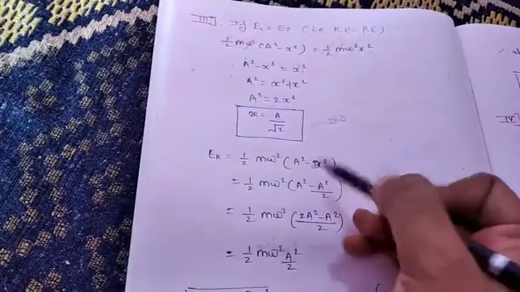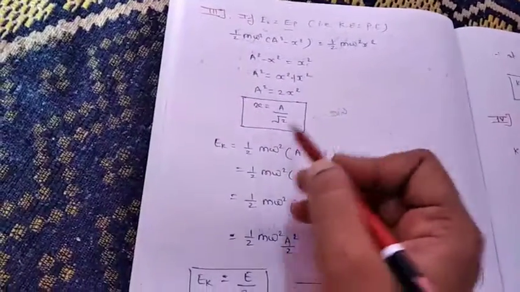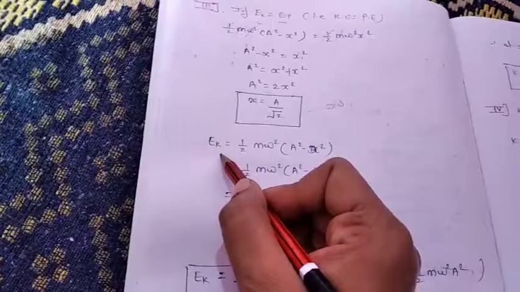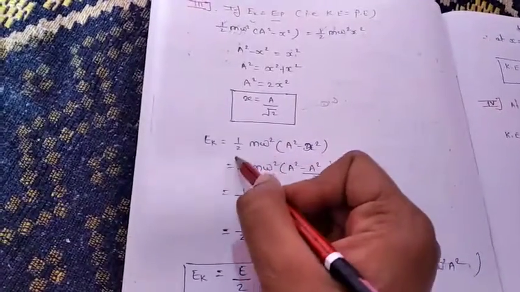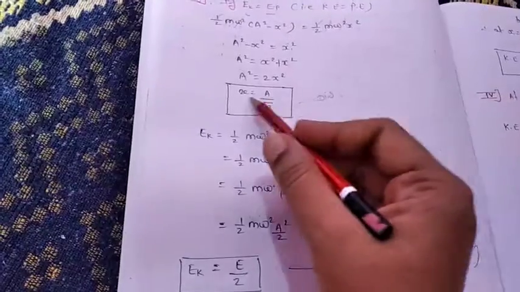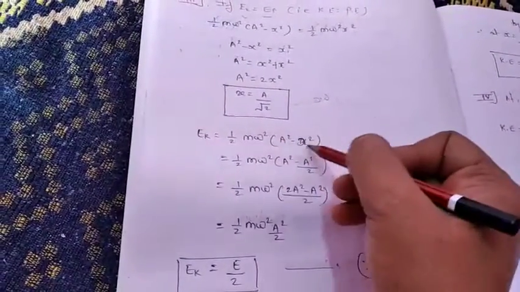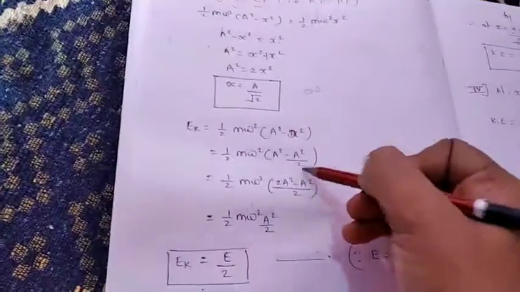Now we will see the kinetic energy and the potential energy separately. As we got the value of x here, the kinetic energy formula is Ek equal to 1 by 2 m omega square (A square minus x square). Put here x is equal to A upon under root of 2. So x square becomes A square upon 2.